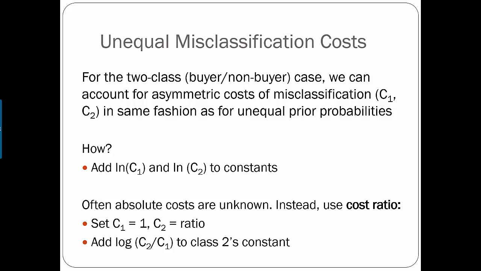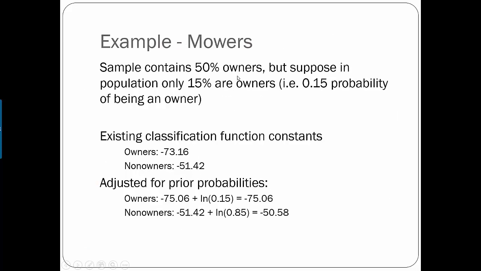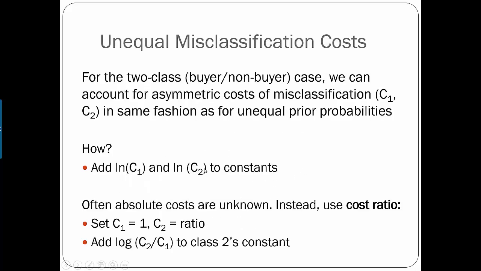If there is unequal misclassification cost, then you add ln of the cost of misclassifying an owner as a non-owner to the owner discriminant function, or the corresponding cost to the non-owner discriminant function. That's the adjustment, like we did with the probabilities, you do with the misclassification cost.